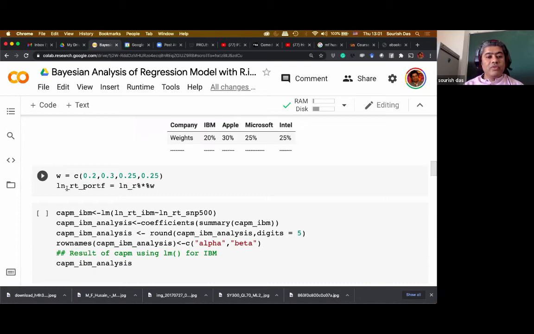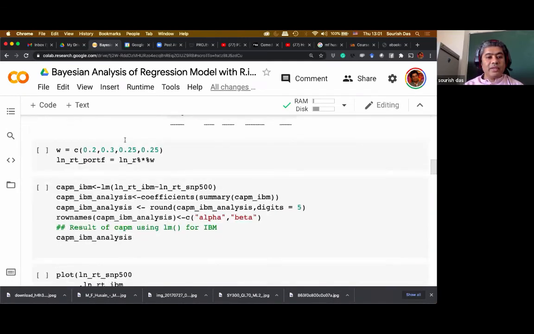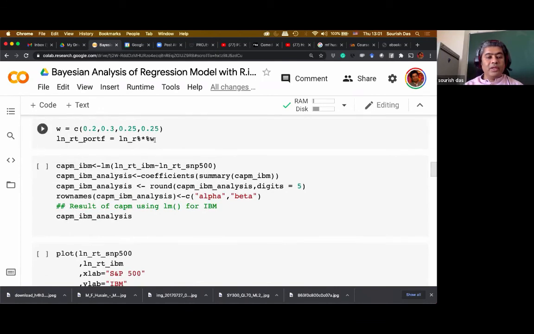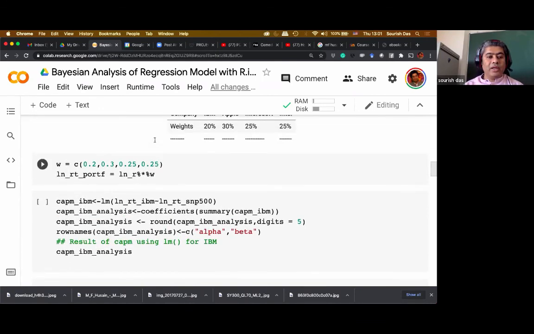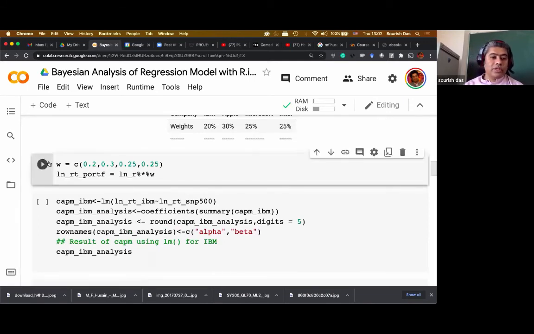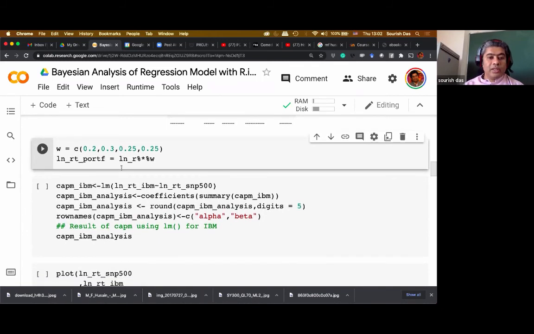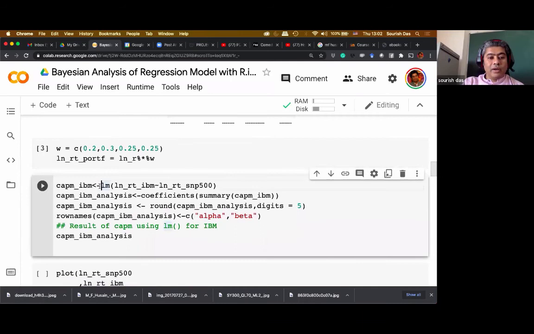Now if you take this portfolio, remember that I saved it as a matrix, and multiply it with the weights, then what we get is the return of my portfolio. So I just did that. And then I ran a simple regression model.